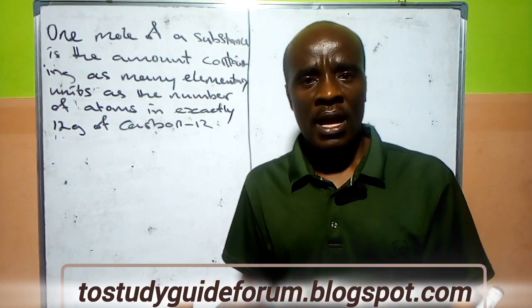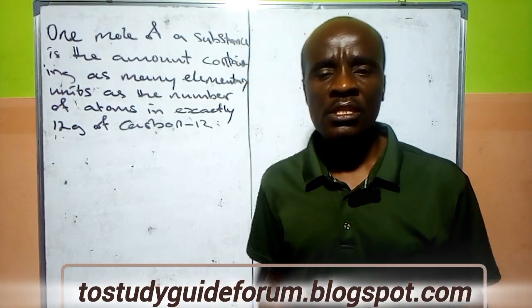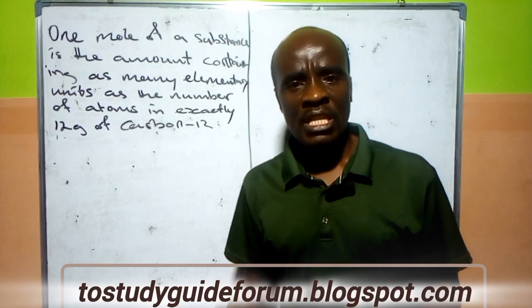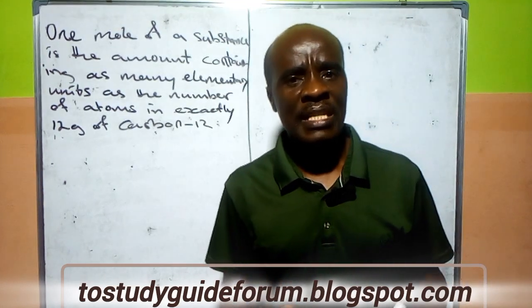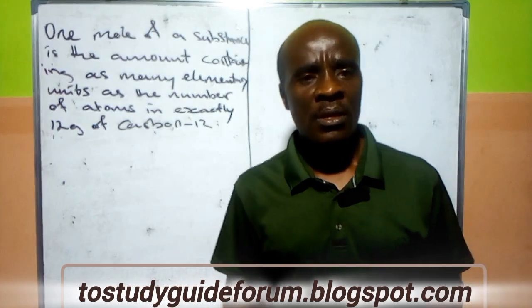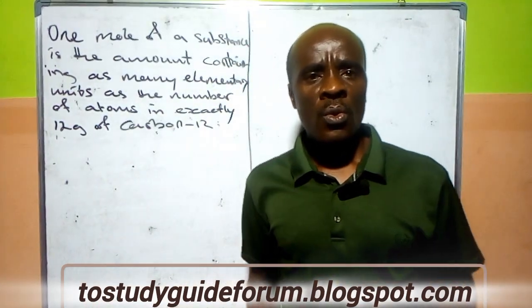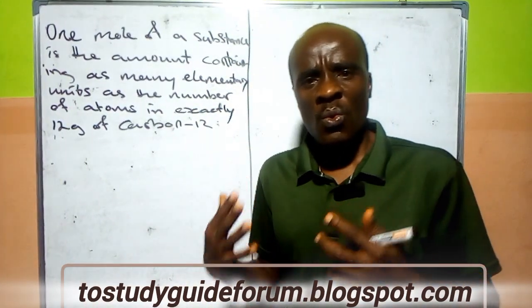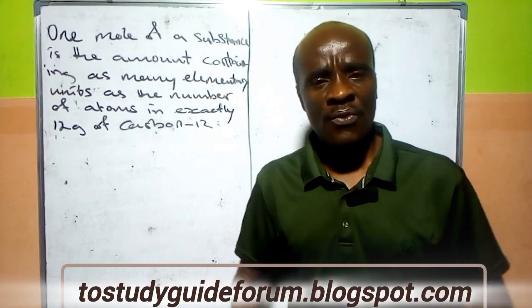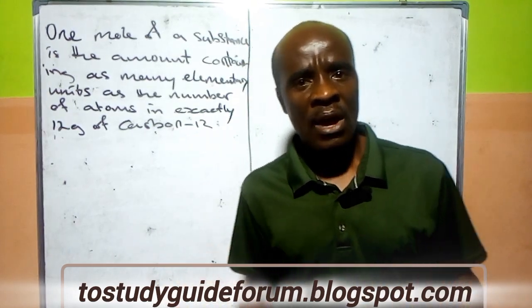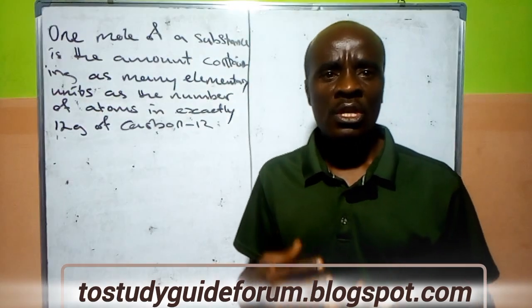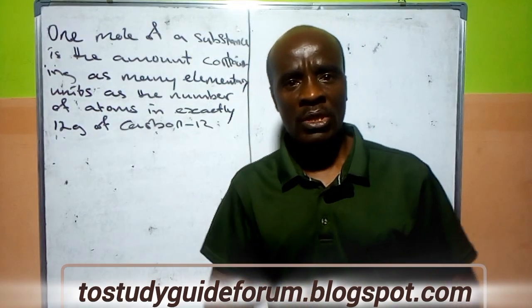We say that an atom is the smallest particle of an element which can take part in a chemical reaction. Because they are very small, scientists decided to devise a means of measuring all these things. And that's how we come about the concept of mole.